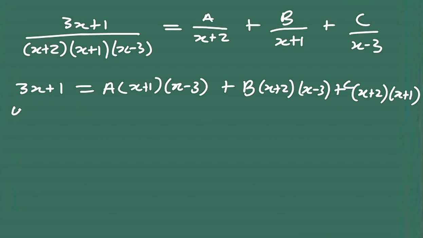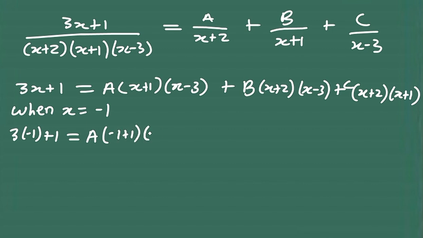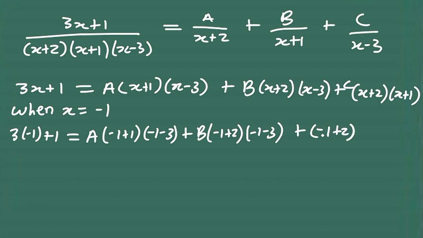So let's say that when x equals -1, we are going to have 3 times -1 plus 1 equals a into bracket -1 plus 1 times -1 minus 3, plus b into bracket -1 plus 2 times -1 minus 3, plus c into bracket -1 plus 2, so sorry, this is c, and times -1 plus 1.